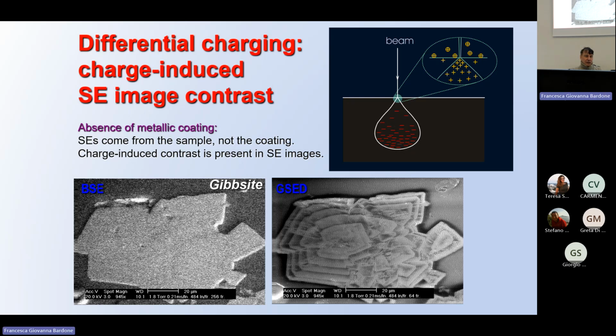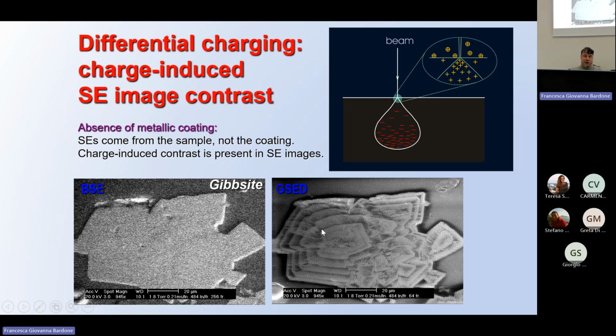This is a gibbsite crystal observed with a backscattered electron. But if you use gaseous secondary electrons, which are electrons produced by different parts of the crystal, you have a contrast. You see the difference. This is a very high energy electron, and this is electrons with very, very low energy.